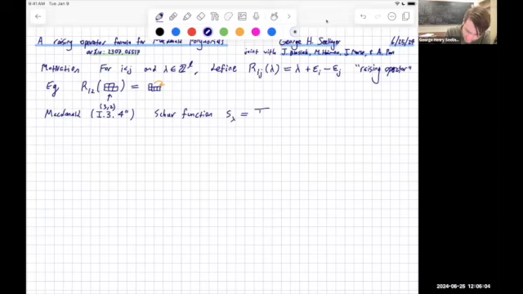He says a Schur function is the product over all i less than j of 1 minus R_ij applied to h lambda, where h lambda is a complete homogeneous symmetric function.